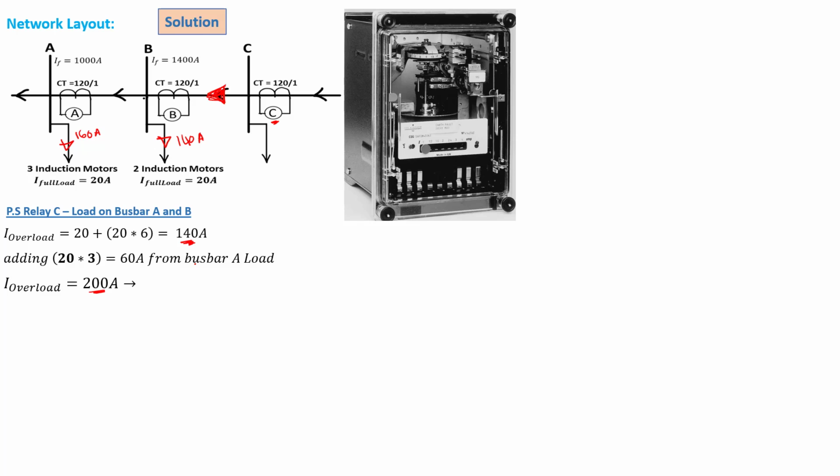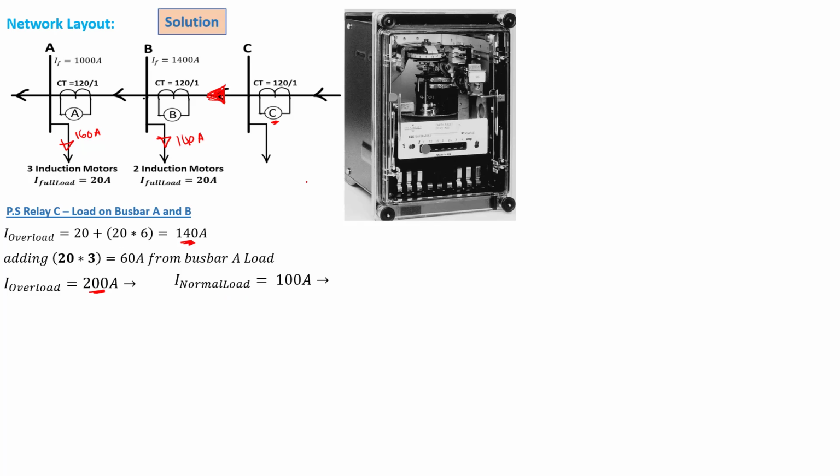So the normal load that this relay will see is the two motors here, that will be the 40, plus the normal load that is running at 60 amps on this bus bar. So that will basically just be 100 amps. That is 2 times 20, that's 40, and 3 times 20, that's 60. So that's 100 amps of normal load for relay C.